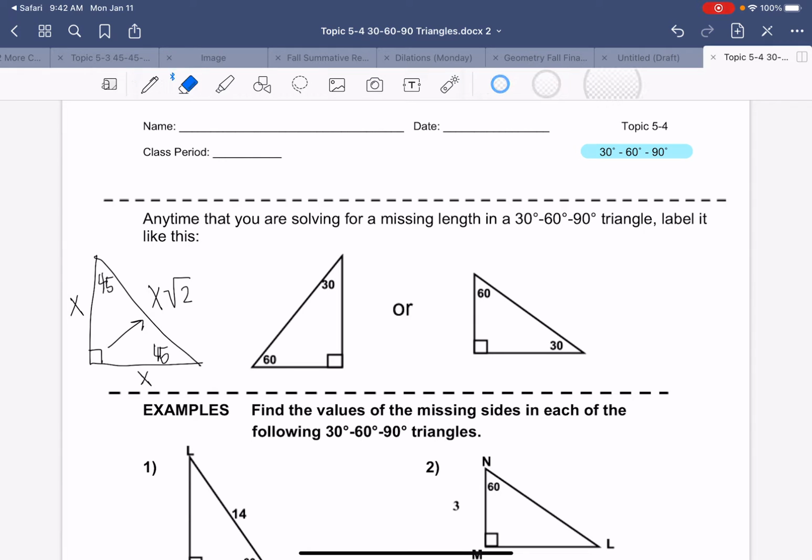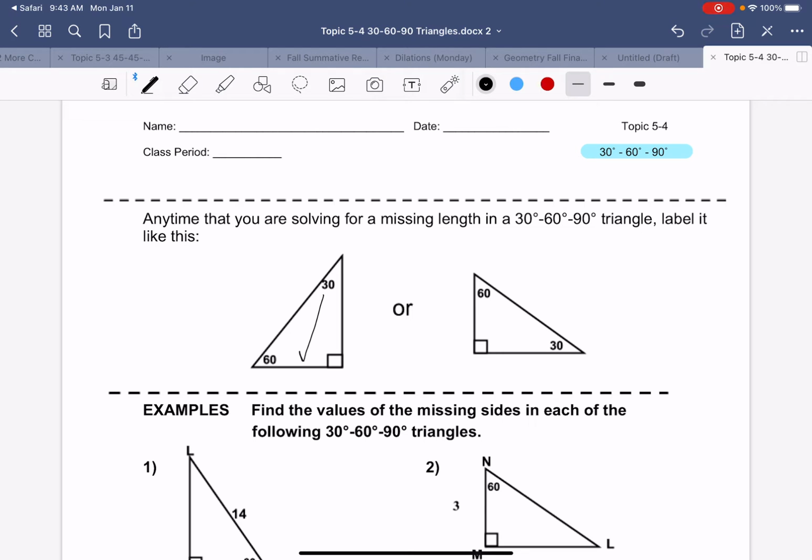In a 30, 60, 90, things change a little bit. Because we have 3 different angle measures, our side lengths are going to be different. The side length across from 30, we give the value of x.